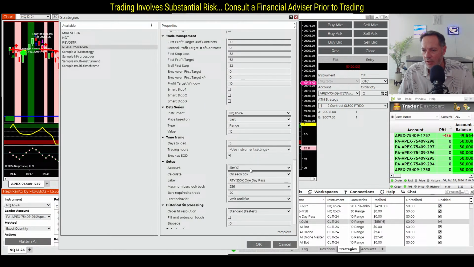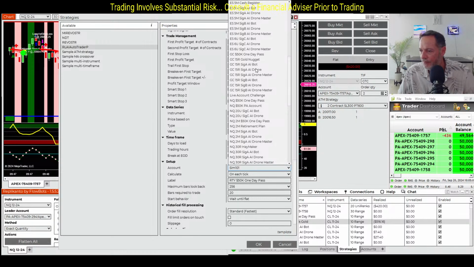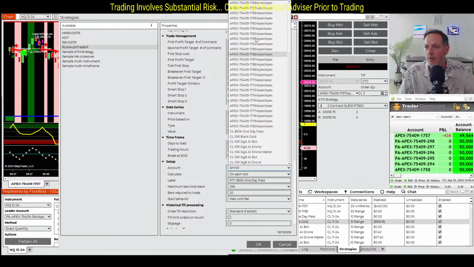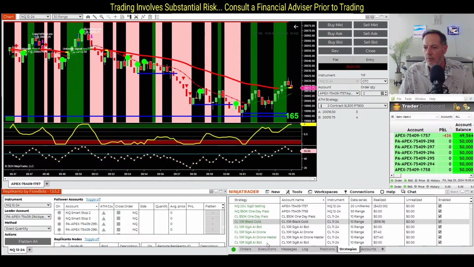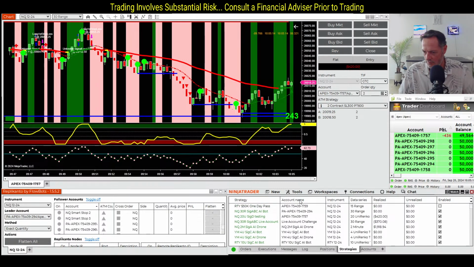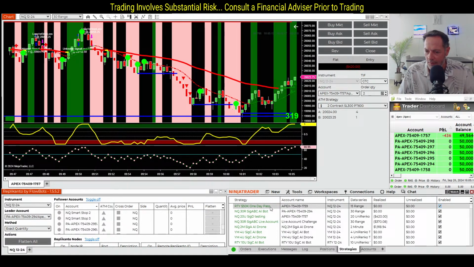And all we do is put it on our own accounts that we want to run, and then hit enable, and now it's alive in the RTY market, looking at the opportunities for entry. If it sees an opportunity, it'll jump in for us and take the trade and manage the trade.